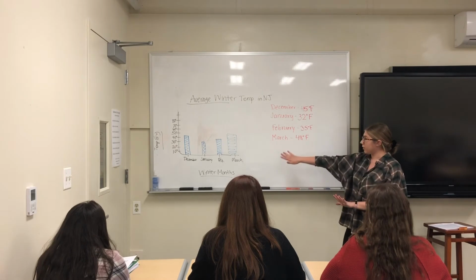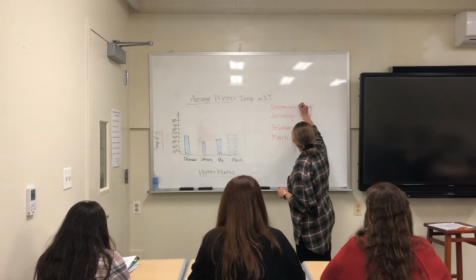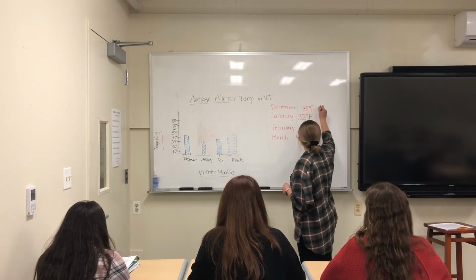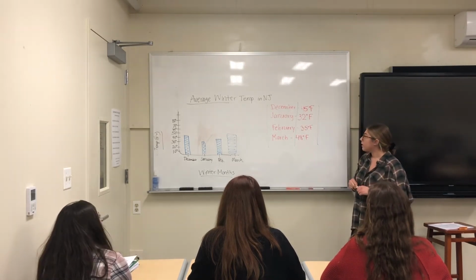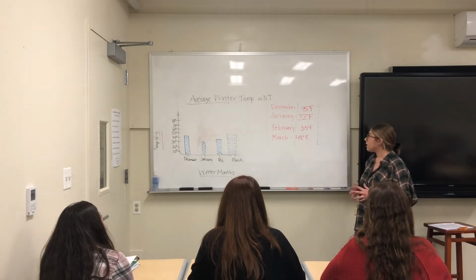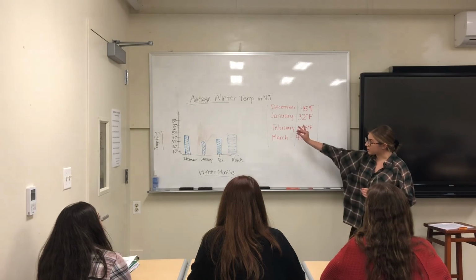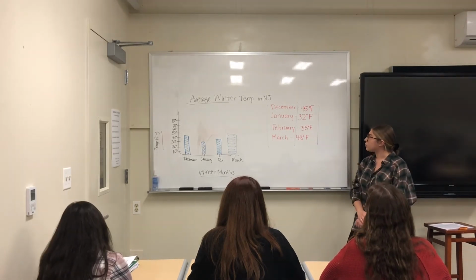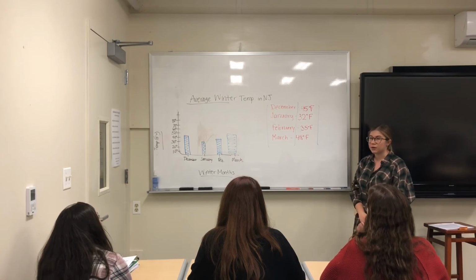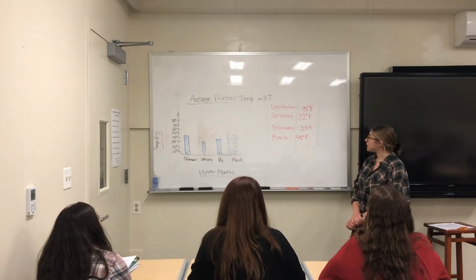So looking at our graph and this table with our temperatures, can someone tell me how much warmer March is than December? So it looks slightly taller on the graph. So using both our table and our graph, how much warmer is March than December? Lauren? 3 degrees warmer. 3 degrees warmer, exactly.